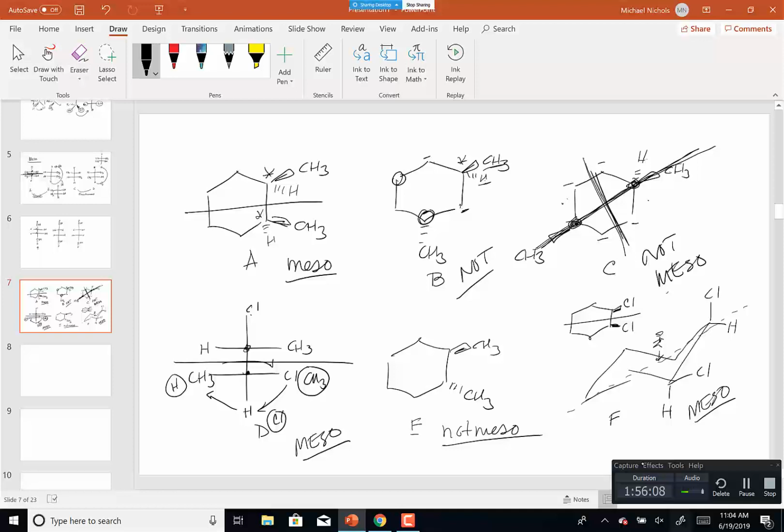In a conformationally mobile system, you just have to find one conformation that shows the mirror plane. And if that happens, then it's meso. So over here where we're rotating, we find the conformation with the mirror plane. In a chair, you just have to make it flat. If we can find one that has a mirror plane, it is meso.